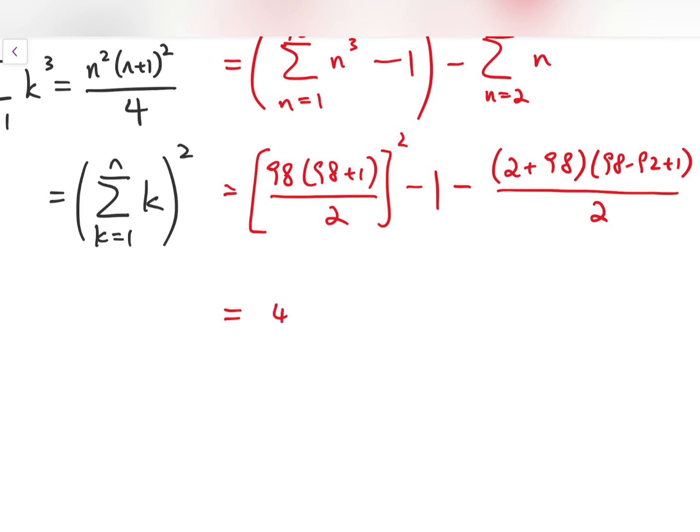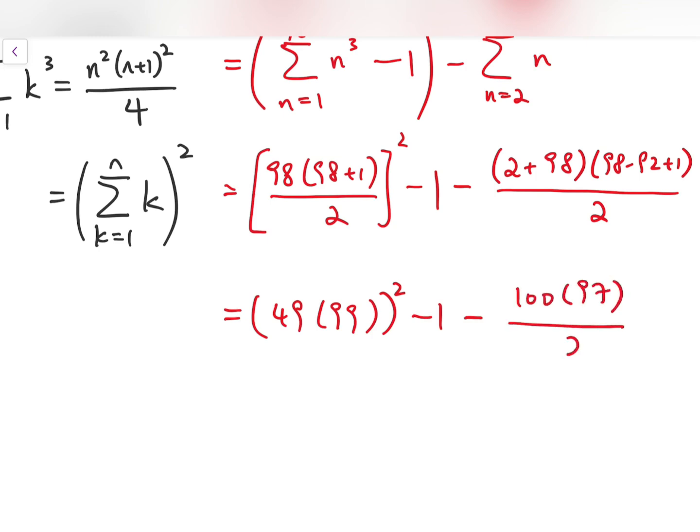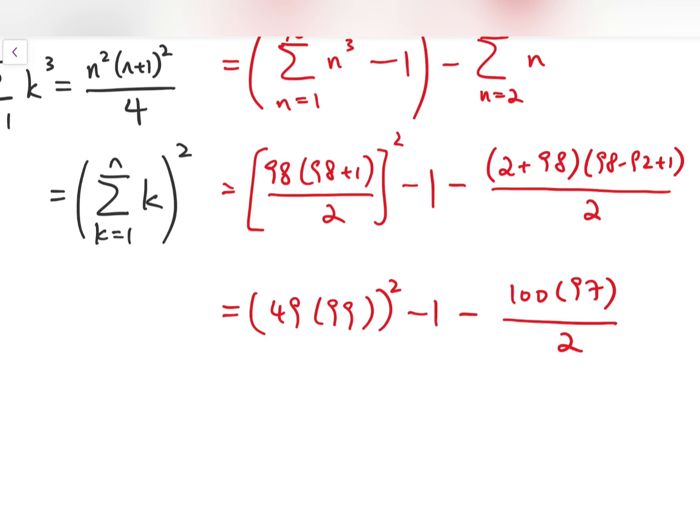So then you have 49 times 99 whole squared minus 1 minus 100 times 97 over 2. And by computing, we know this is equal to 2352735. This is the answer to the series.